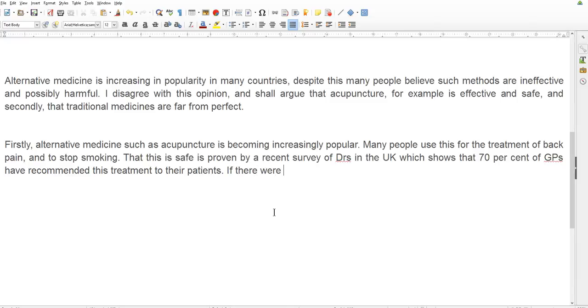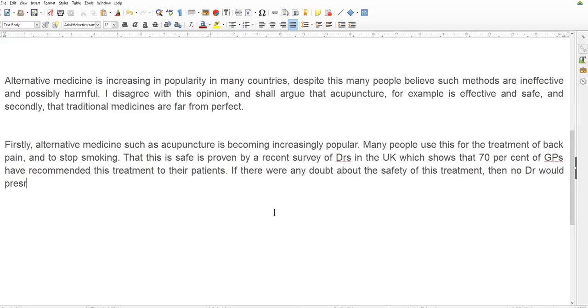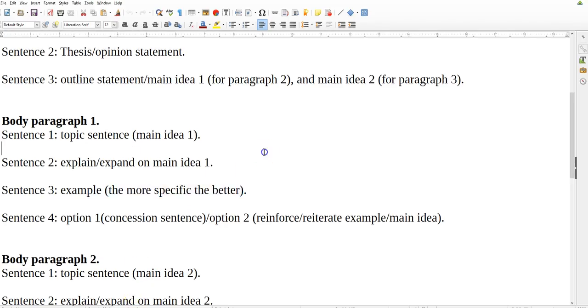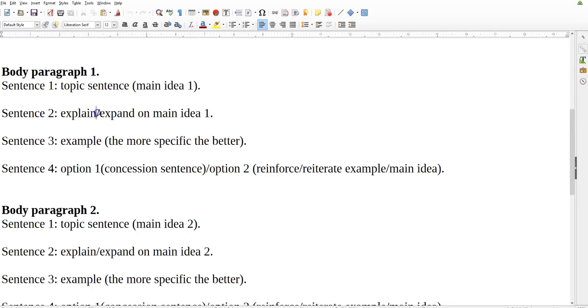If there were any doubt about the safety of this treatment, then no doctor would prescribe it for their patients. Okay, so that's basically the structure then, which we have here. Main idea, explain, example, reinforce it.